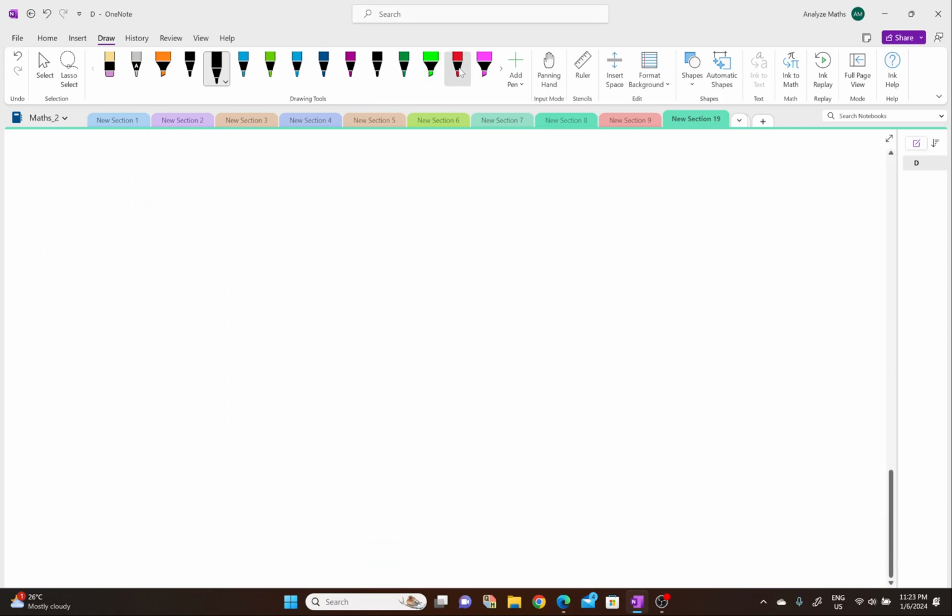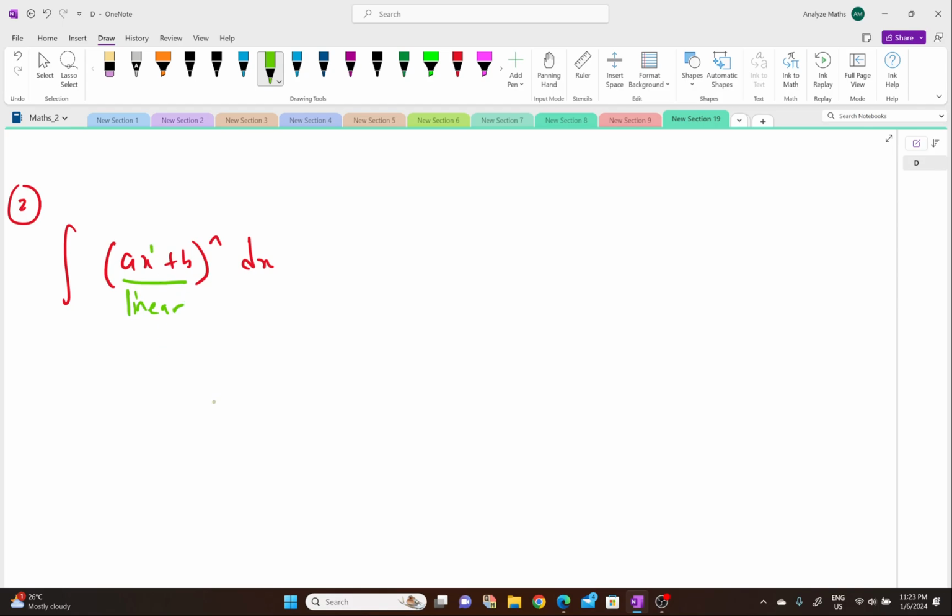The second rule is for this type of function, whereby this is linear. Linear means power 1. x must be power 1. If you have a function like this, you cannot use this one. This is power 2, cannot. It must be power 1, then only you can use this rule. What is the answer for this one?